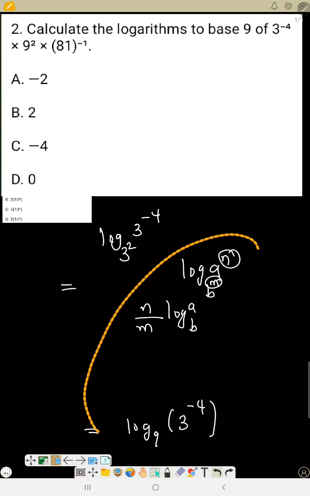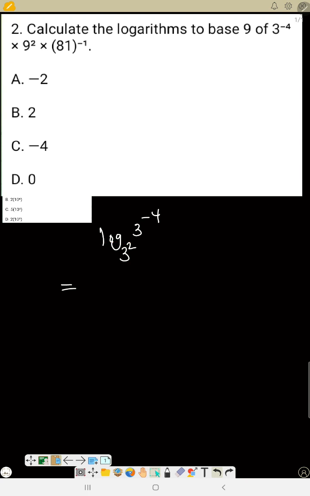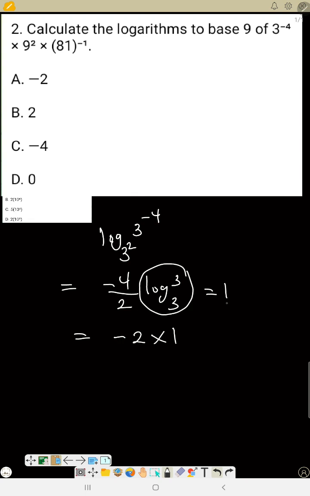So this will give us minus 4 divided by 2 times log 3 to base 3, that is minus 2 times 1, because log of the same base is 1. So log 3 base 3 is 1, and minus 2 times 1 is minus 2. So that is the answer to the question.